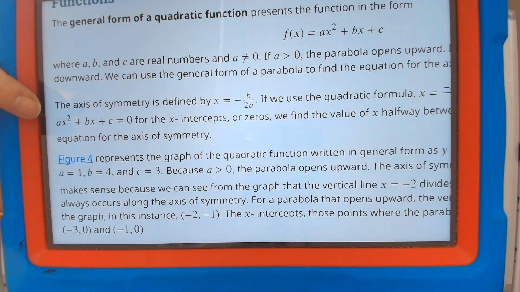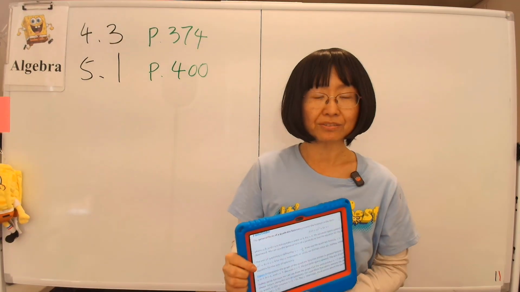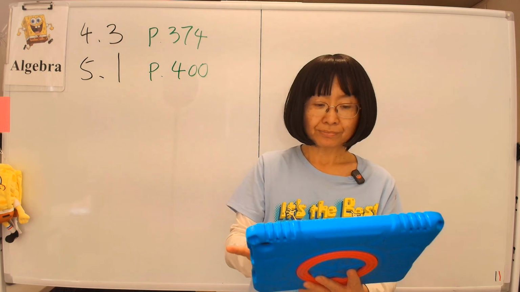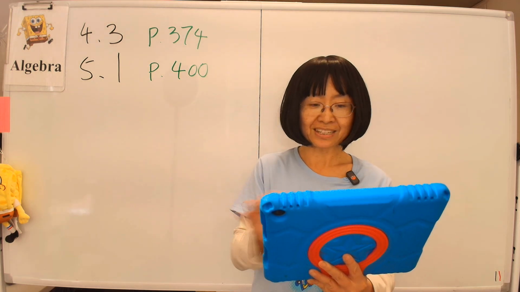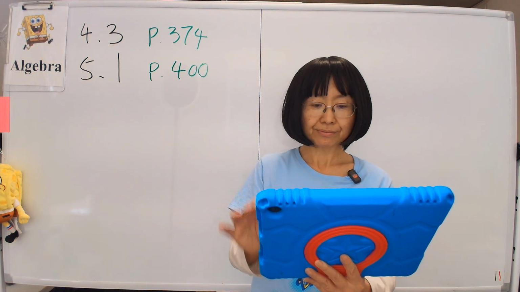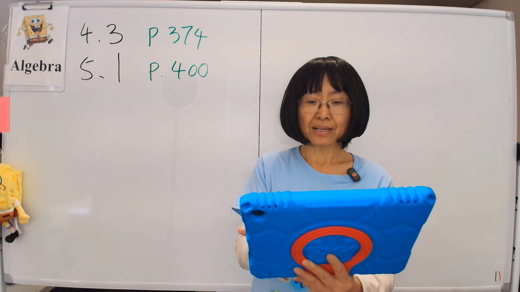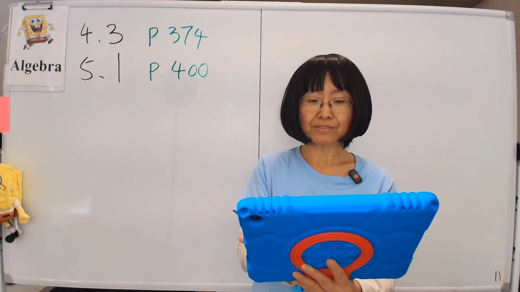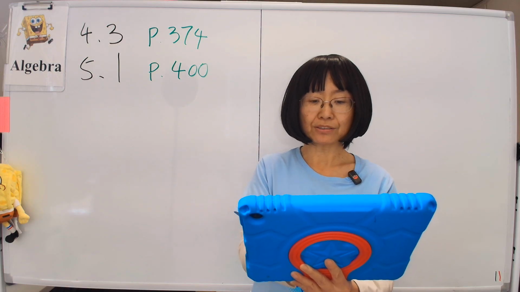It is x equal to minus b over 2a. It's that simple. That's the equation of it, and everything else is whatever it is. So let's flip the page. I should mention one more thing. Once you figure out what the axis of symmetry is, I'm now on the following page, 402.